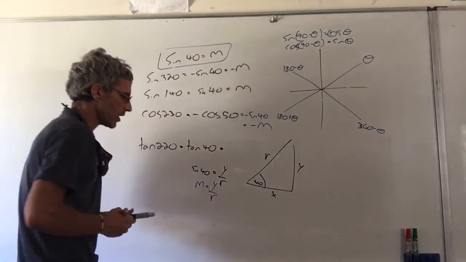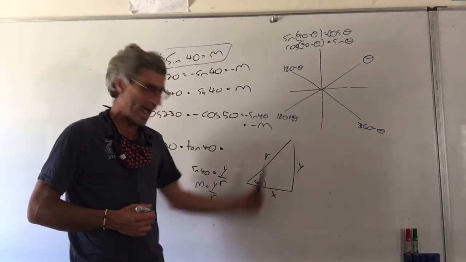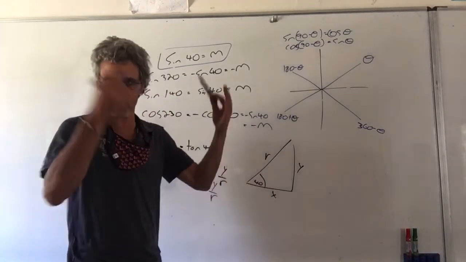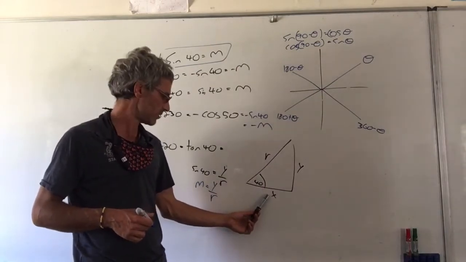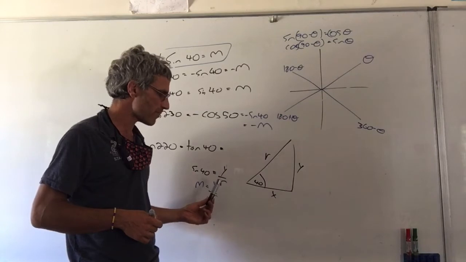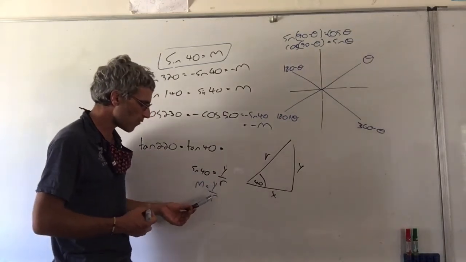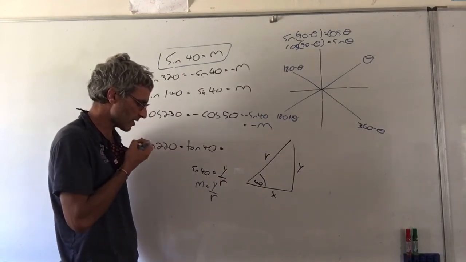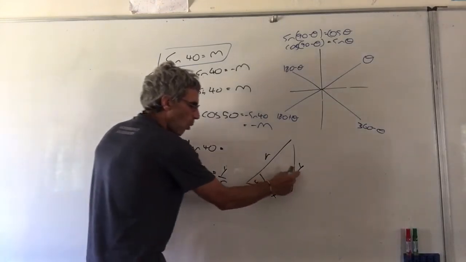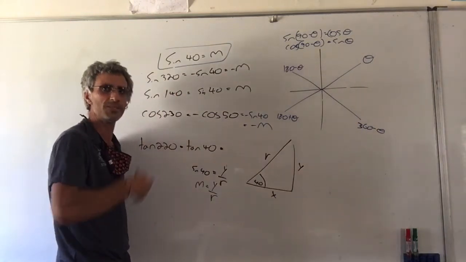Now, you remember last time when we were given tan, we were told tan 22 was equal to something, we made x equal 1, because then y divided by x was just y. But now we've got y over r. Now, it will be nice for me, if I want y to be m, then what should r be?